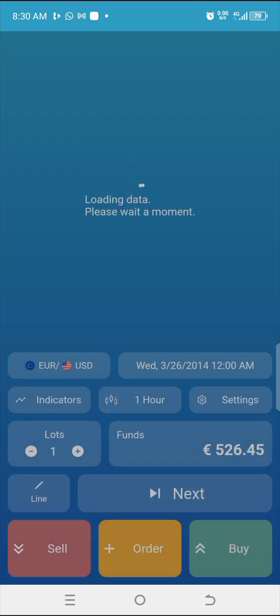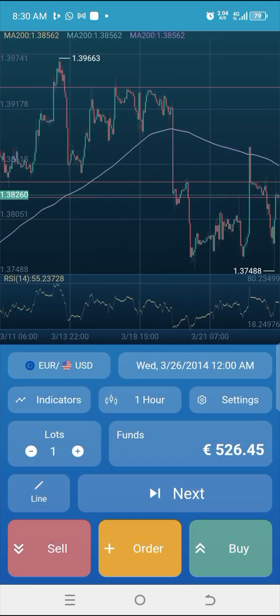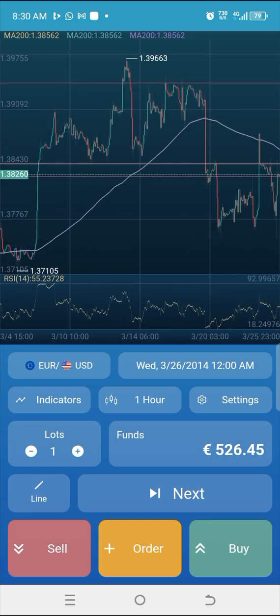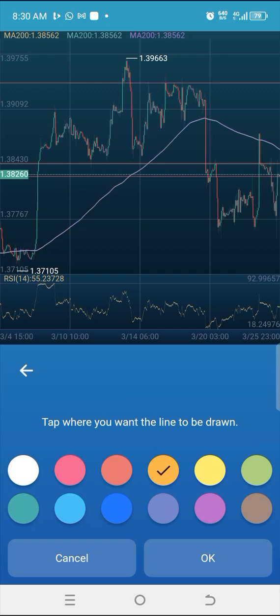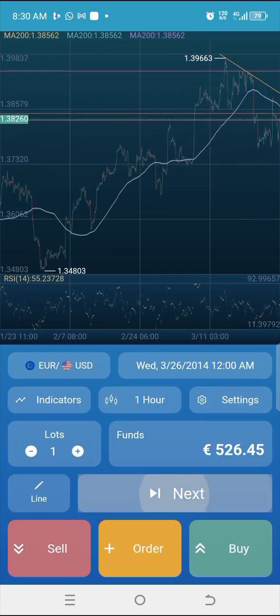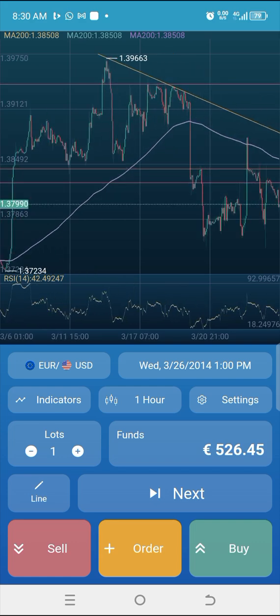What's the 1 hour? Okay, maybe this is a trend line. Let's go.